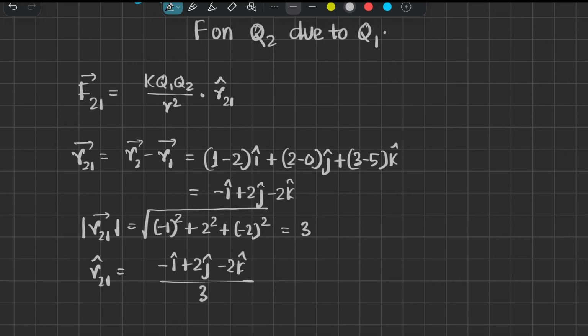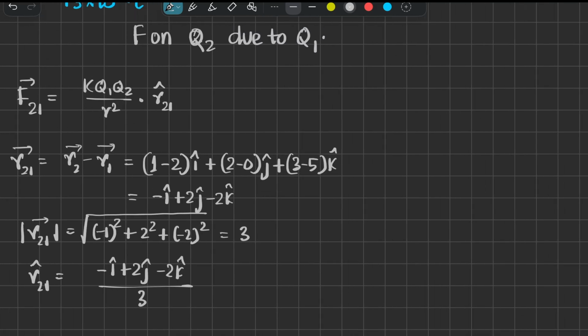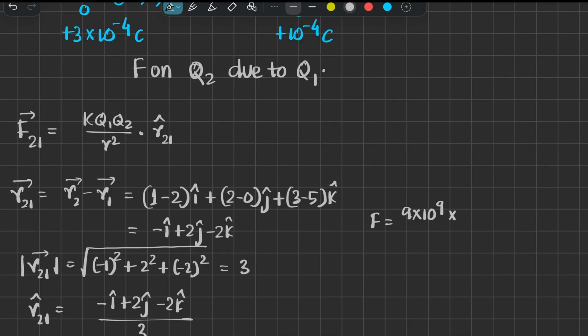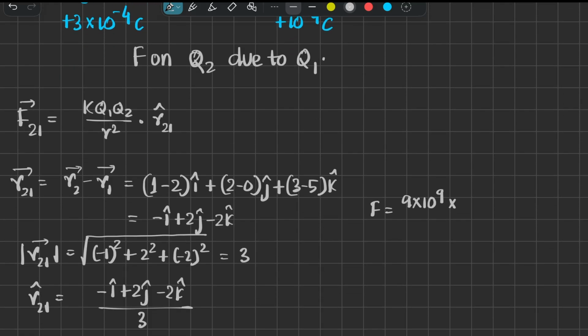So now if we need to calculate the force, say F equals k, which is 9 into 10 to the power 9, Q1 and Q2. Q1 and Q2 values are given as 3 into 10 to the power minus 4, and Q2 as 10 to the power minus 4. Both are positive signs, so we don't need to bother about the sign here.